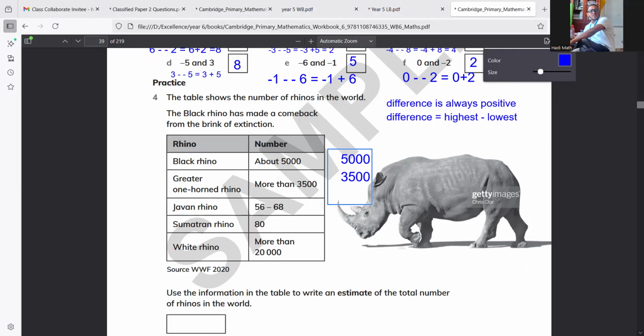And then this is 80. And this one is a what? More than 20,000.